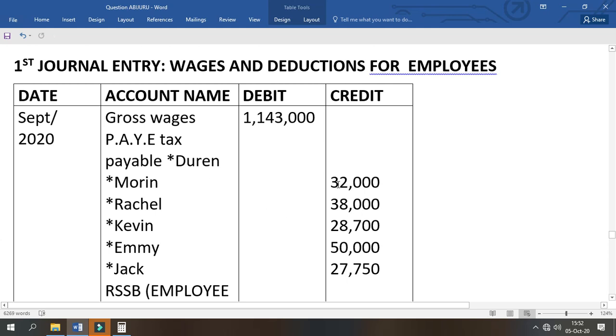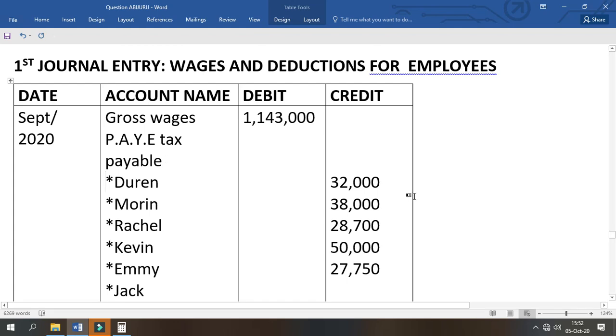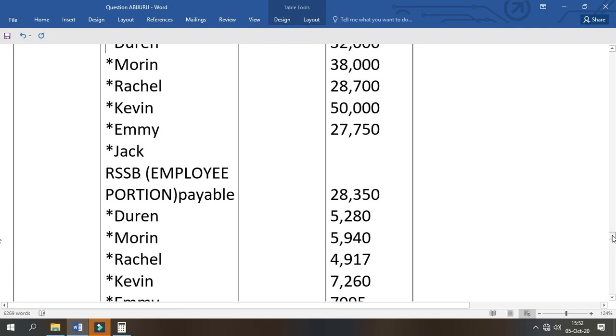This is the tax payables account. Dear friends, the other account you are going to credit is the Rwanda Social Security Board contribution, employee portion payable account.